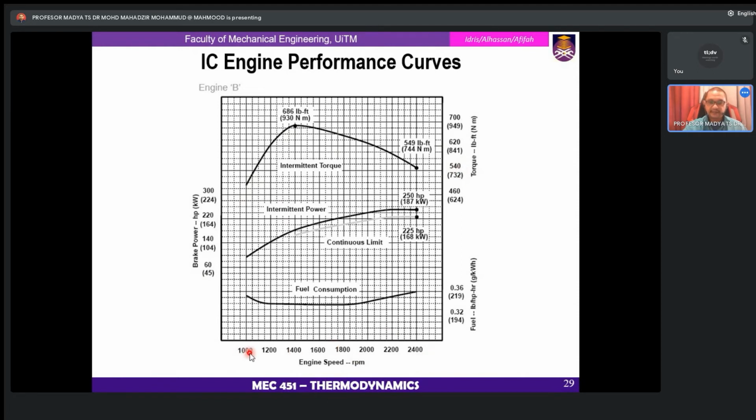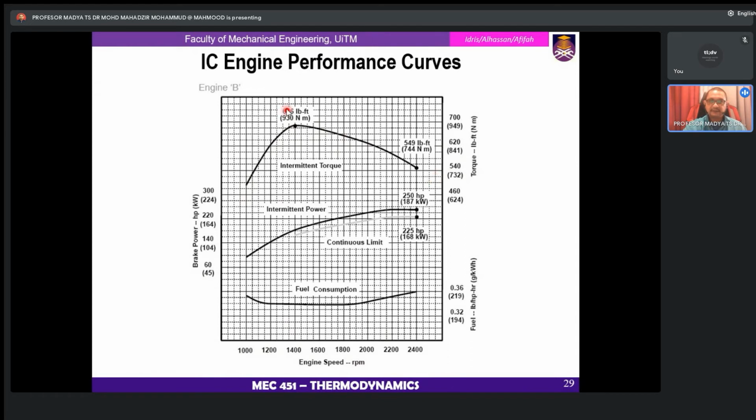At the idle conditions of the engine, the torque is lower. Then when you rev the engine or increase the RPM, what happens? The torque will increase until a certain RPM, and then it will drop down.